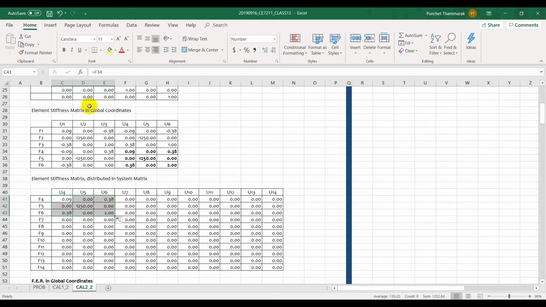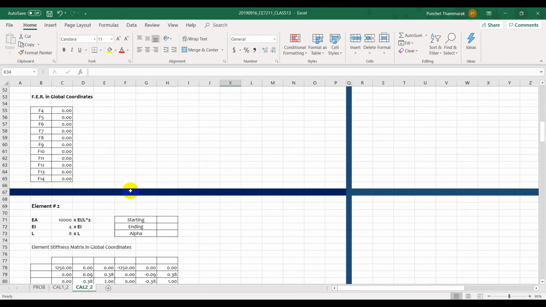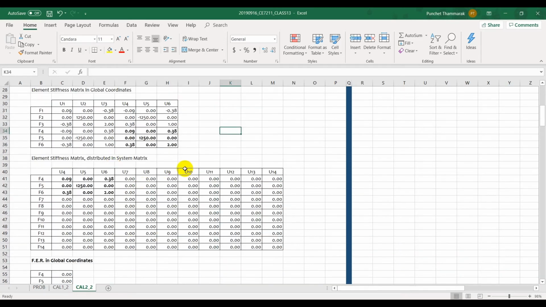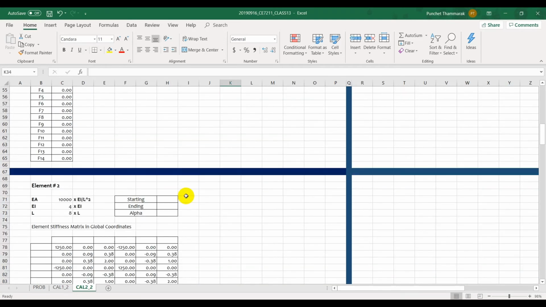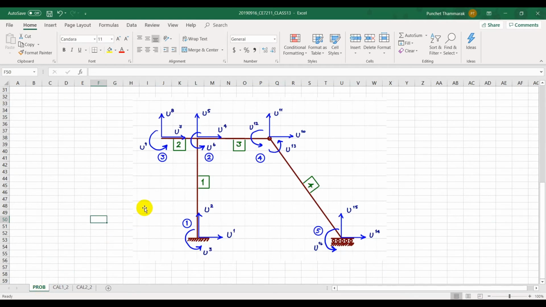We take out 1, 2, and 3 by row and column elimination. You can keep them. You can use Lagrange multiplier. You can compare the solution. You will be getting exactly the same solution. And okay, I will finish up the stiffness matrix first. Move now to element number 2. Element number 2.